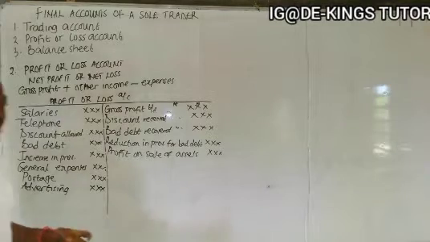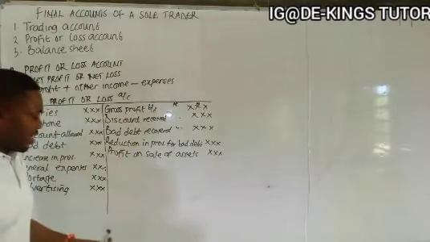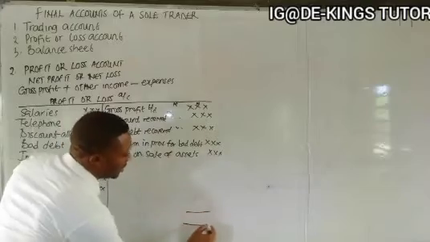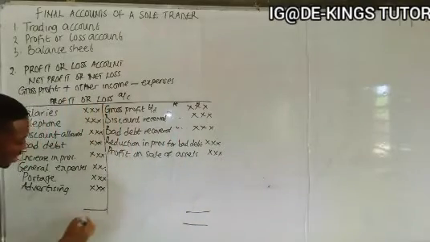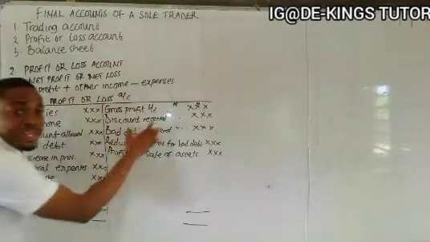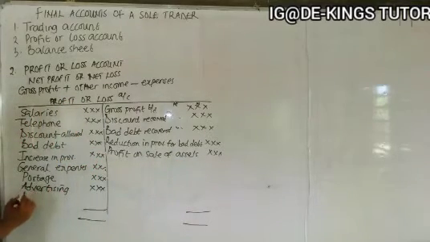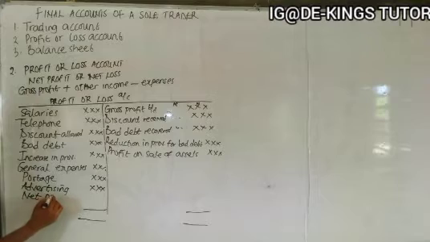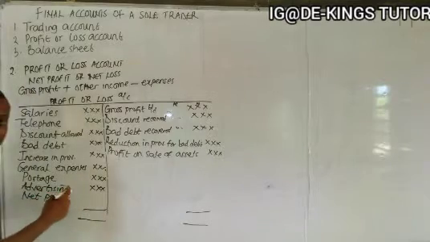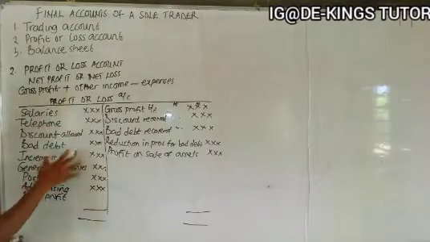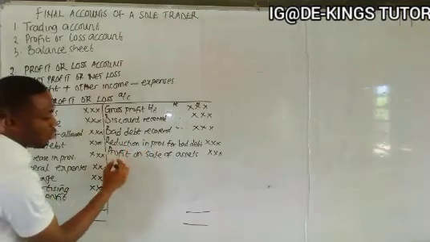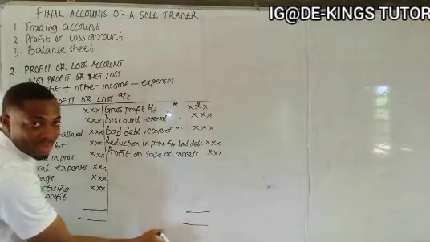Now look up. This is the income side, and this is the expenses side. If the income is greater than this, we'll have a balance here to balance it up, which we call net profit. But if the expenses is greater than this, we'll have what we call net loss to balance it up.